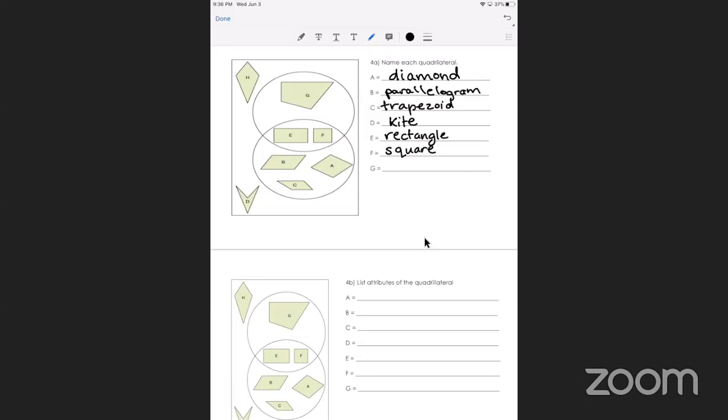F is a square. And H is a kite. And G is a trapezoid.